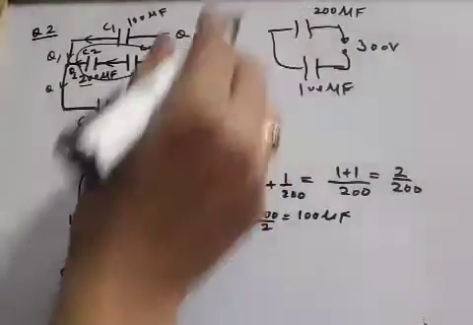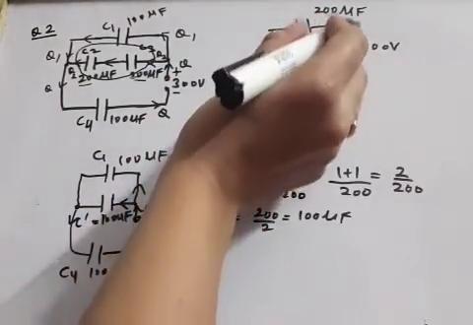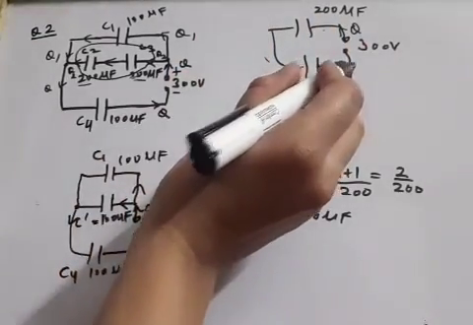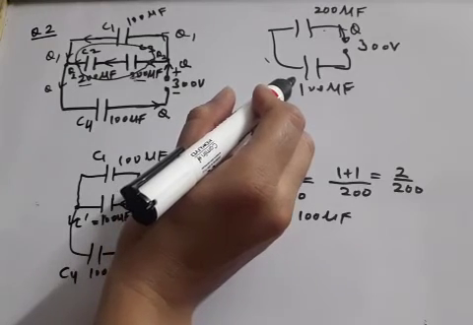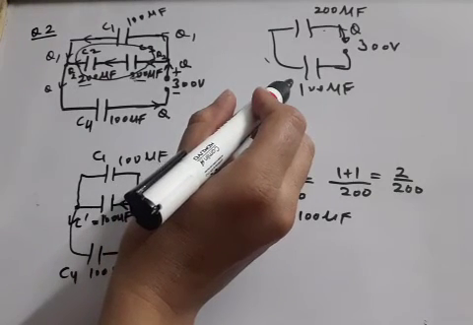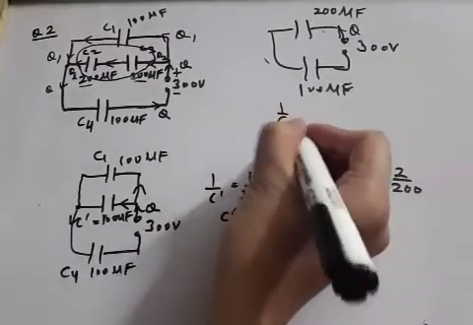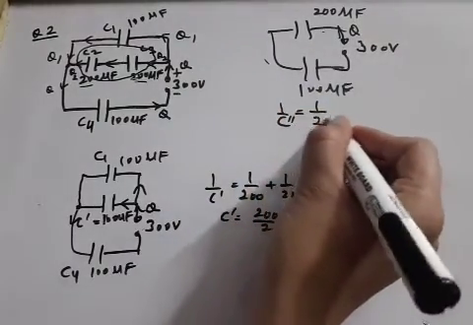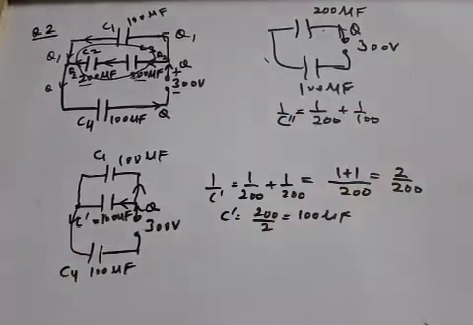Now let us solve this part of the circuit. So you see, if the charge is taken from the battery, it goes here and here same. That means now these two capacitors are in series. So how to solve series? By reciprocal addition. So reciprocal addition says, if I call it C double dash, 1 by 200 plus 1 by 100.